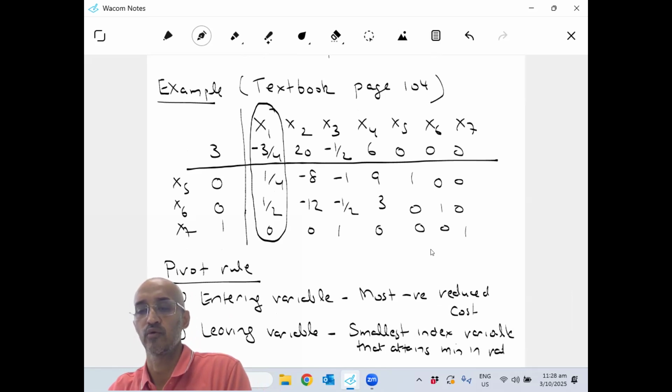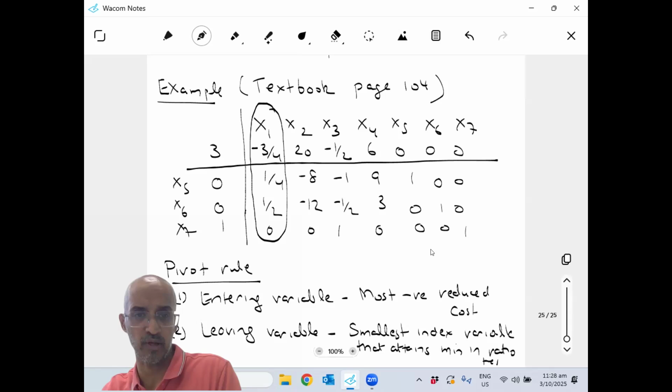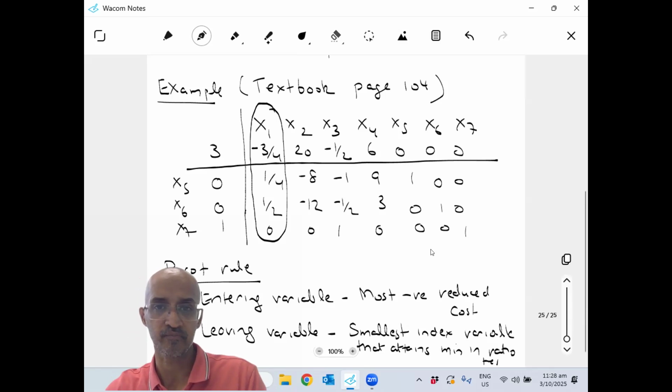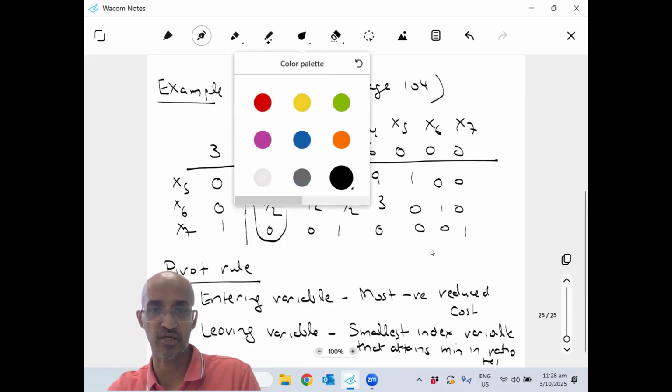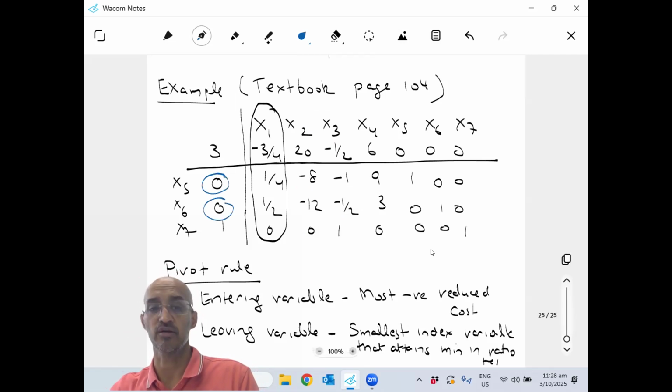What I mean by this is, suppose I have two different variables. In this example, that's a degenerate solution, right? Why is it degenerate? Two of my basic variables are zero. Firstly, observe that this is degenerate. I should have actually mentioned that. Degenerate: basic variables are zero.